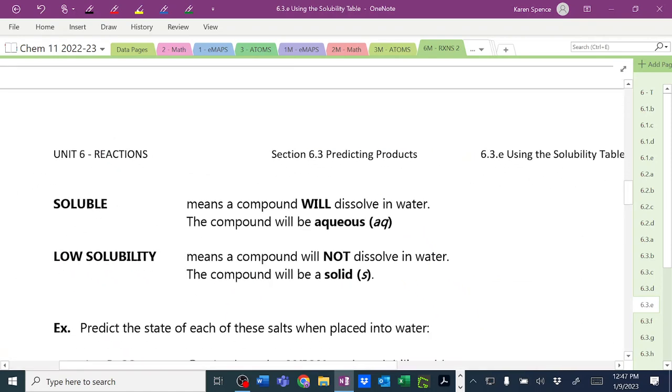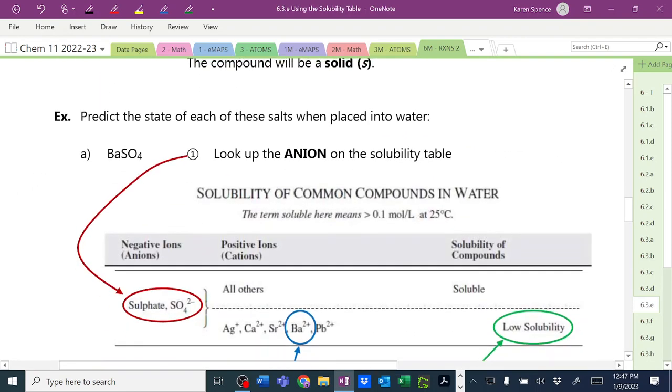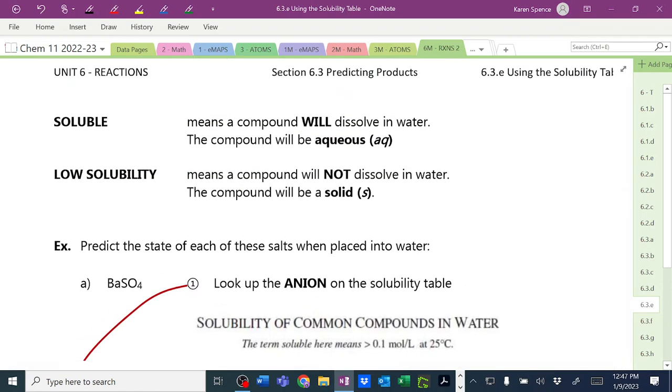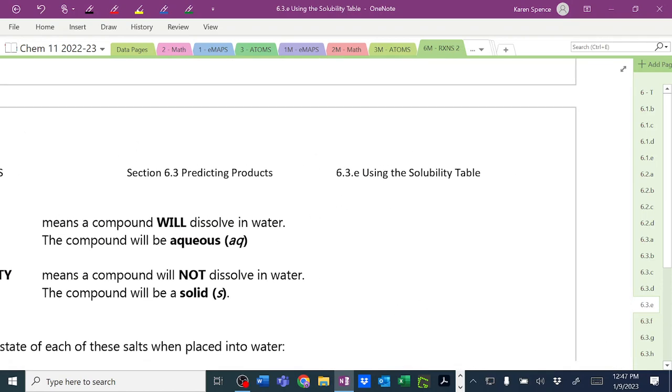Okay, so let's predict the state of barium sulfate, BaSO4. Try that one without looking at the answer. BaSO4. So maybe you can use your blue sheet.